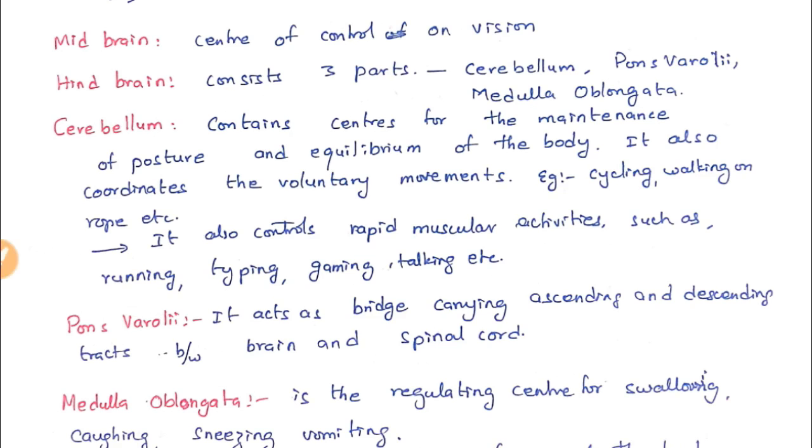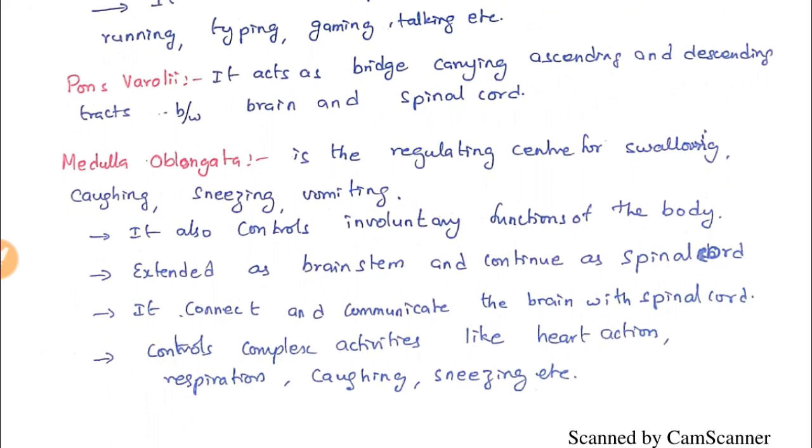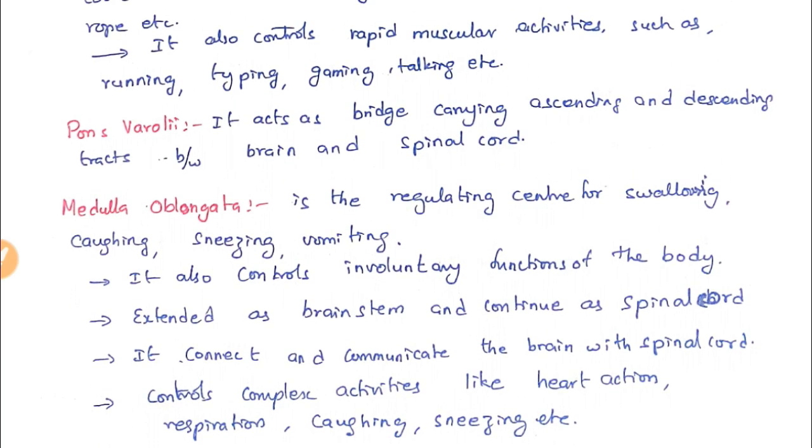Now if we see medulla oblongata, it is the regulating center for swallowing, coughing, sneezing, vomiting. See, friends, all these activities going on in our body, which we don't have control over, the medulla oblongata has control.